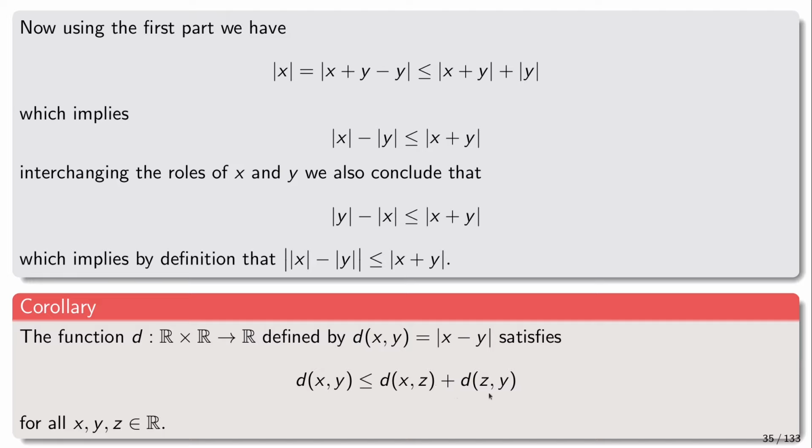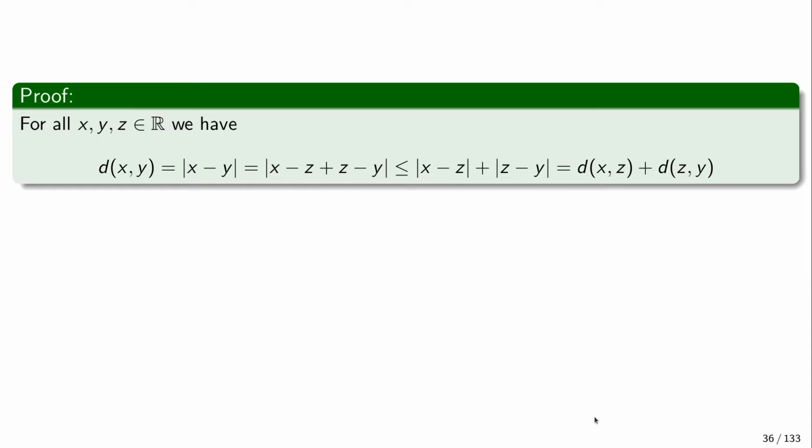So let's see how it's done. We start with the distance function that we have defined. The distance between x and y is the absolute value of x minus y, and a very nice trick that is often used, and will be often used in this course, is that we just interject another value here, so we'll have x minus z plus z minus y. Again, we change nothing because this z cancels here.